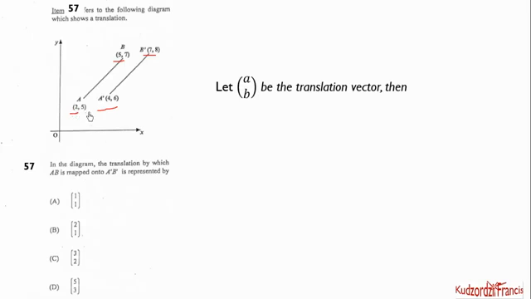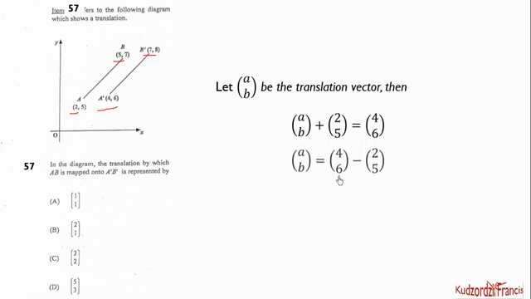Now let's check for this. If this is the point, then we can write it as a column vector. So we have A plus 2, then B plus 5, which should give us 4, 6. So by equality of vectors, let us first of all subtract: 4 minus 2 and 6 minus 5, that will give us 2, 1.